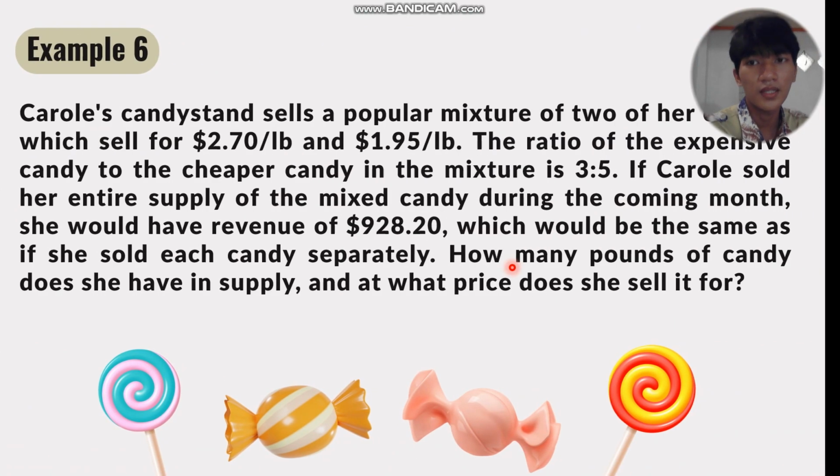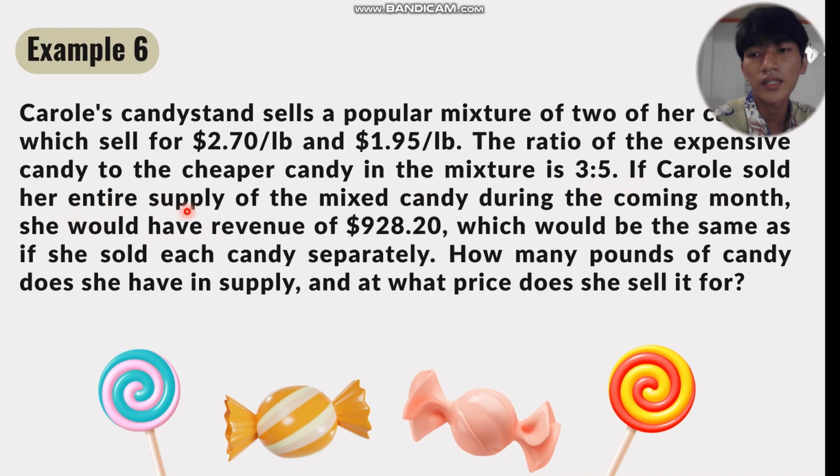The next example: Carl's Candy Stand sells a popular mixture of two candies, which sell for $2.70 per pound and $1.95 per pound. The ratio of the expensive candy to the cheaper candy in the mixture is 3 to 5.